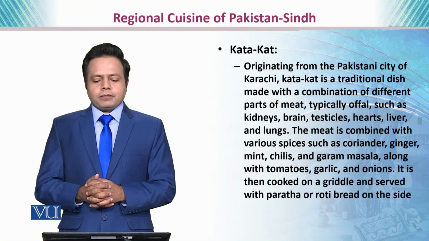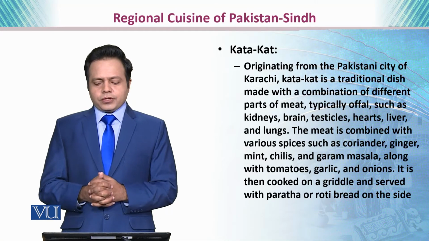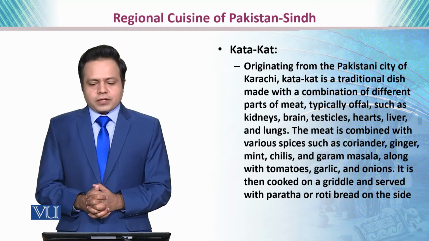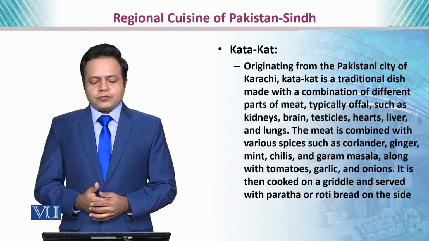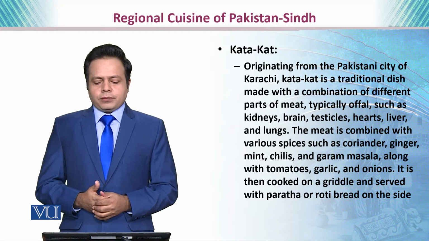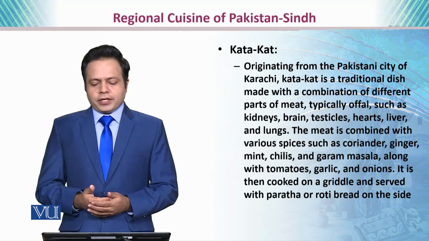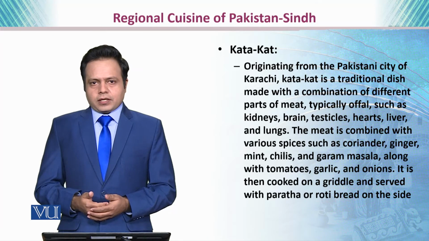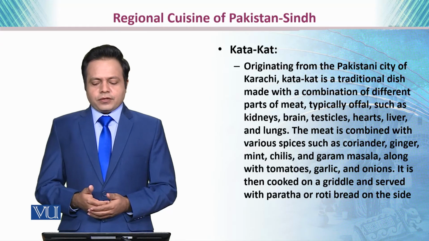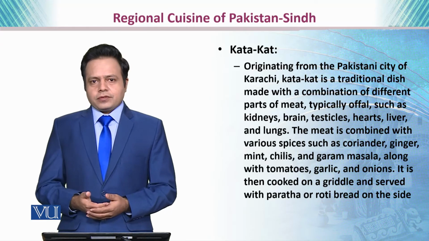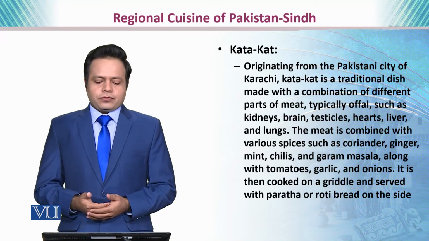Then we have the katakat originating from the Pakistani city of Karachi. Katakat is a traditional dish made with a combination of different parts of meat, typically offal, such as kidneys, brain, testicles, heart, liver, and lungs.